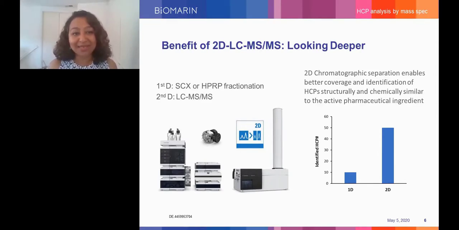Whether you use 1D or 2D LC-MS should depend on the experiment itself. If you want to find the really, really small amounts of host cell proteins, then 2D would be recommended. But if you're just trying to assess something without a very deep look, then 1D should be sufficient.